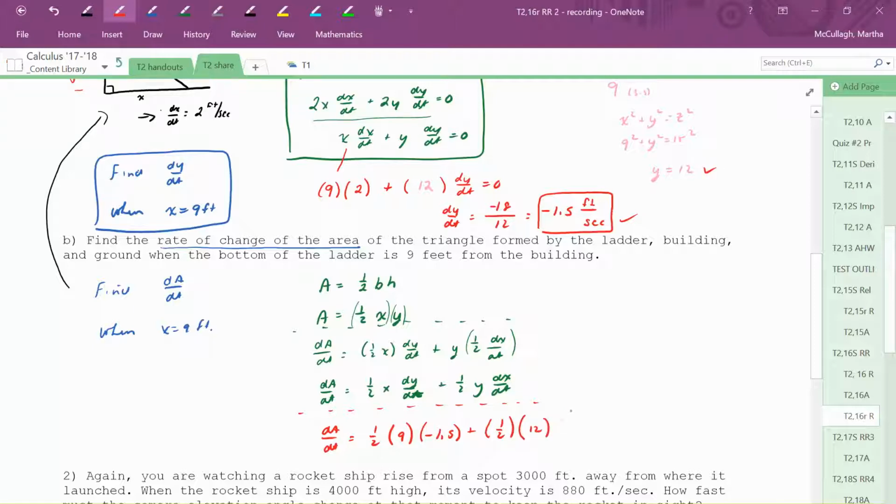And our dx dt was given at the very beginning is 2. So we've got a negative 6.75 plus 12 gives us 5.25, and our unit on area is feet squared, and our time unit is seconds.